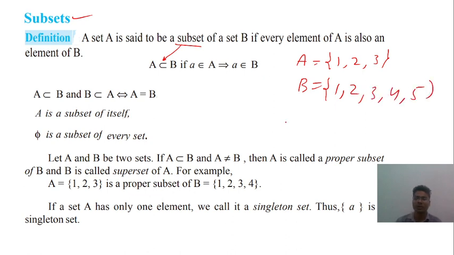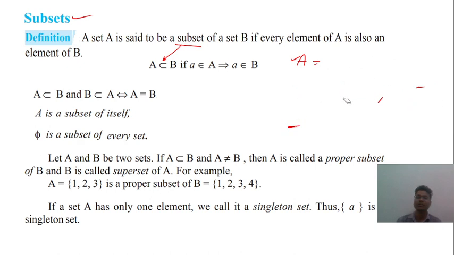So A is already inside B. The subset means that all the elements of A are present inside B. That's why A is a subset of B. Get my point, guys?